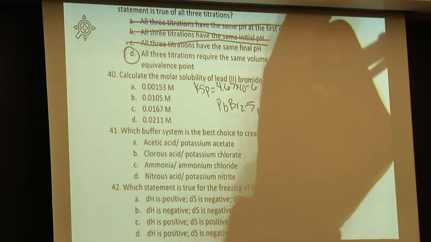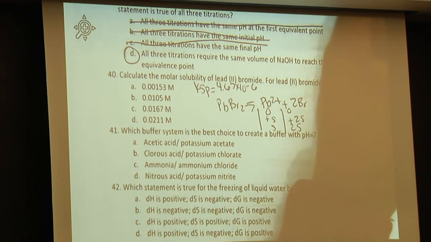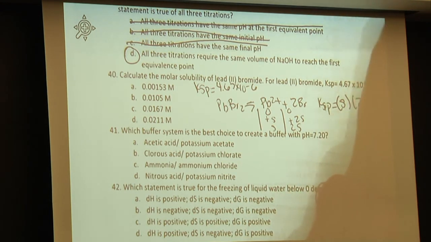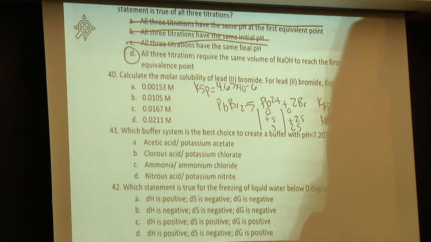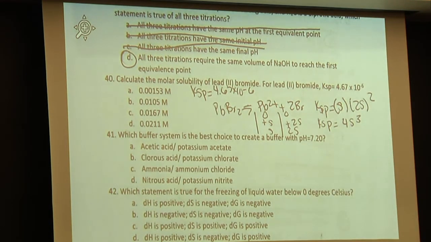So you start off with 0, and this would be plus S and plus 2S. And so your Ksp would equal S times (2S) squared. You'll have Ksp equals 4S cubed, and then you'll just solve for S, and your answer will be B.